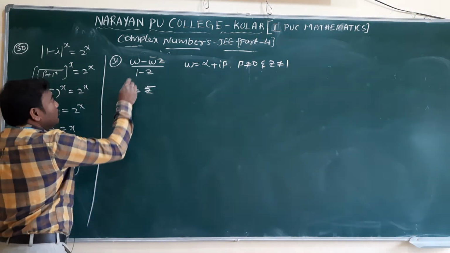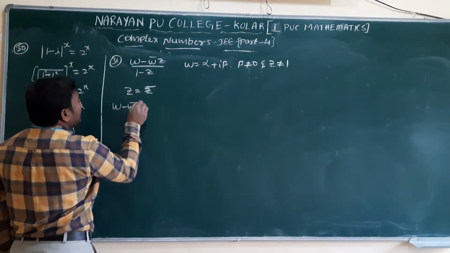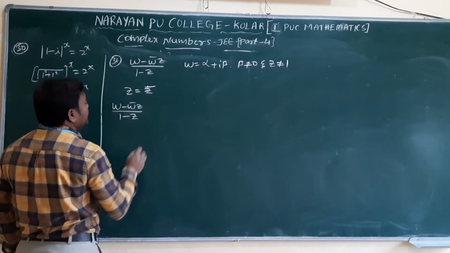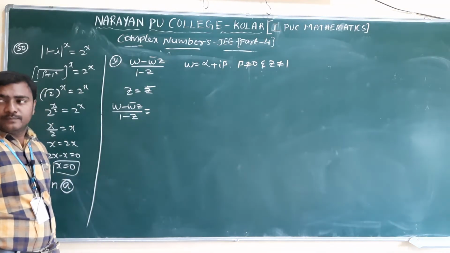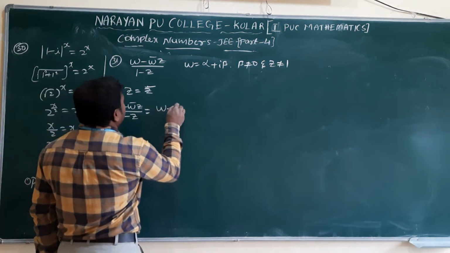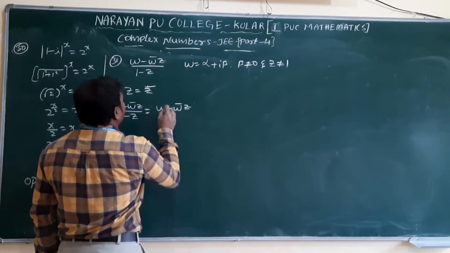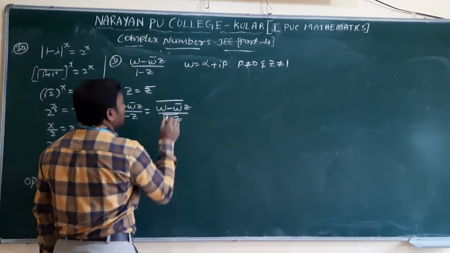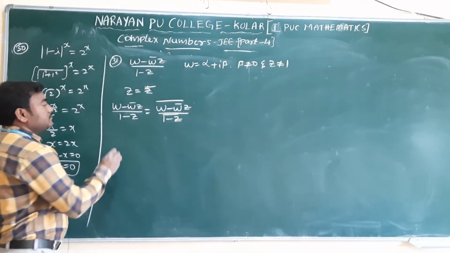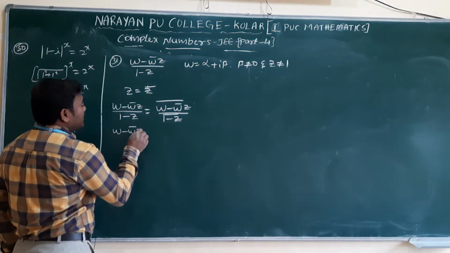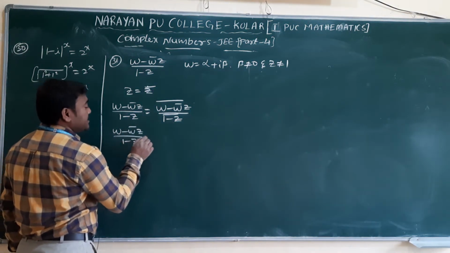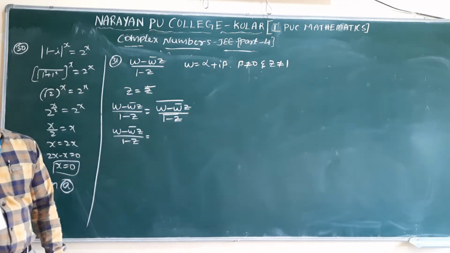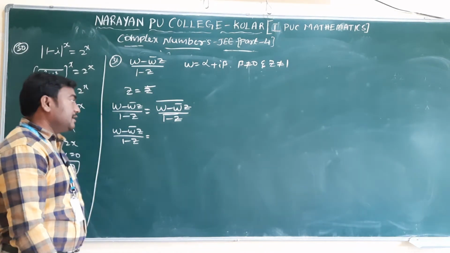Here (omega minus omega bar z) divided by (1 minus z) is equal to its conjugate, which we take directly as the whole bar of that expression. We already know that (z1 minus z2) whole bar is z1 bar minus z2 bar.